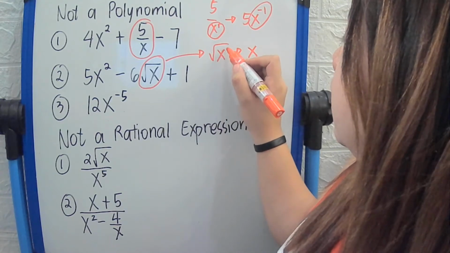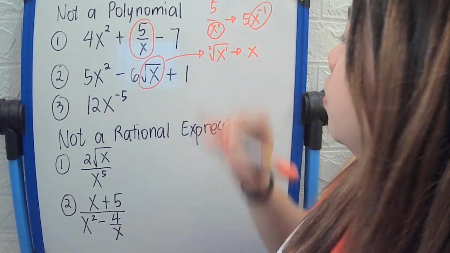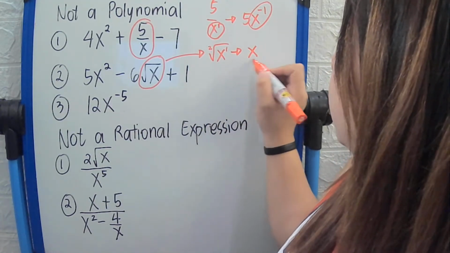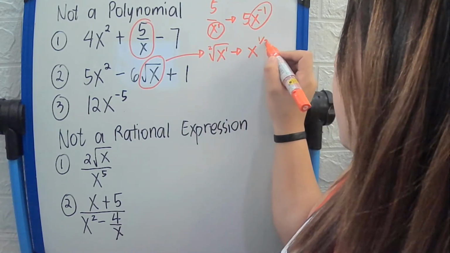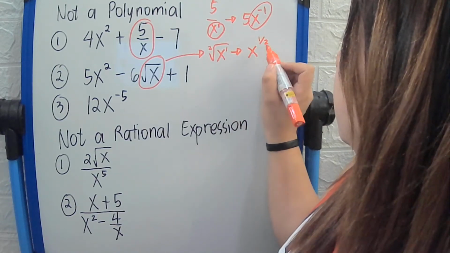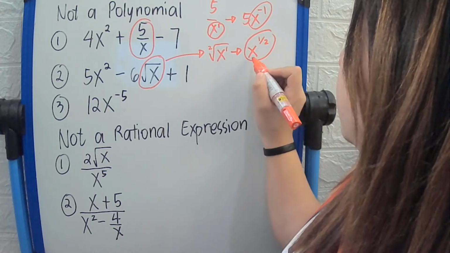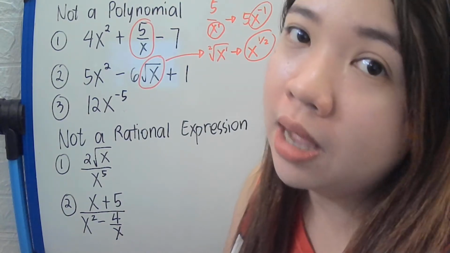Then your exponent here is 1, and since this is square root, the index is 2. So if you're going to get its equivalence, x raised to 1 half. 1 is the exponent here, and 2 is the index. So since the variable has a fractional exponent, it cannot be a polynomial.